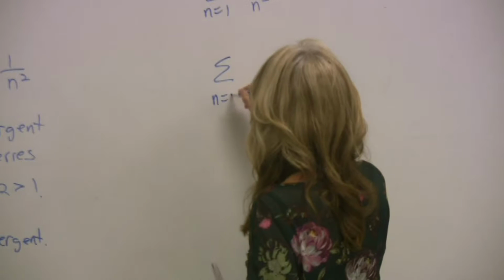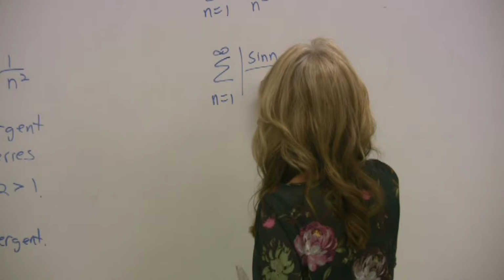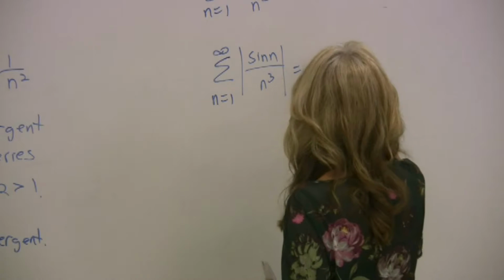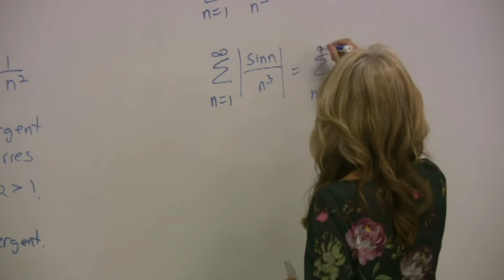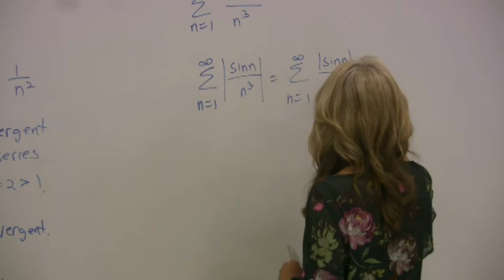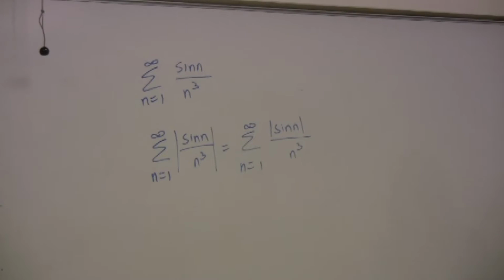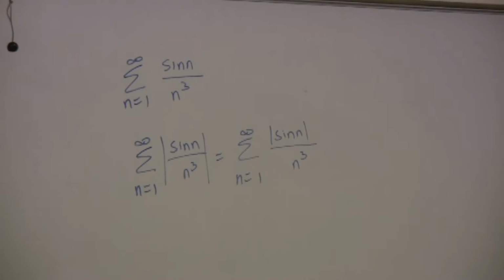So to test for absolute convergence, if we take the absolute values, we can't really say much other than this because there's not a nice way to take off the sine portion of it.